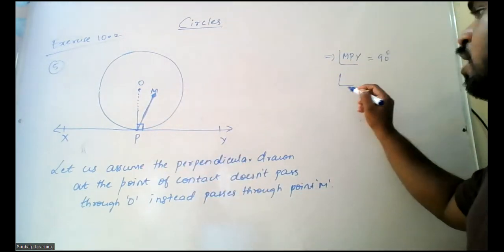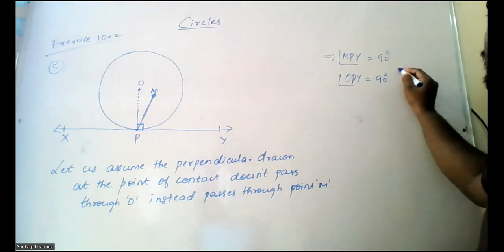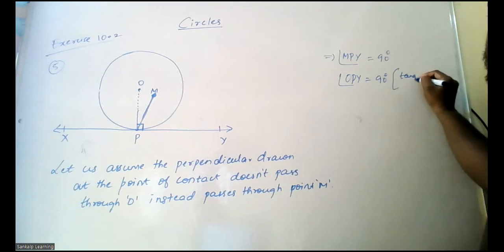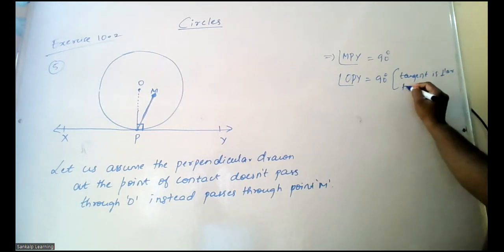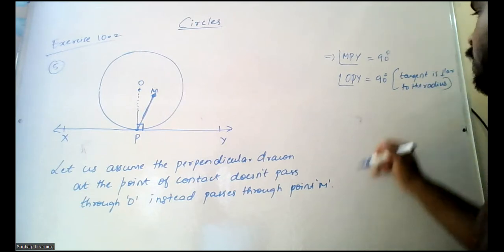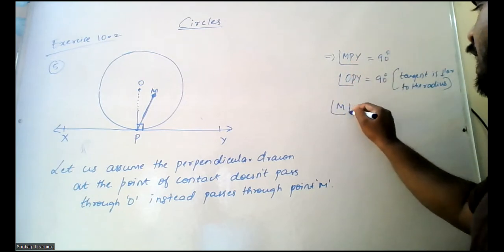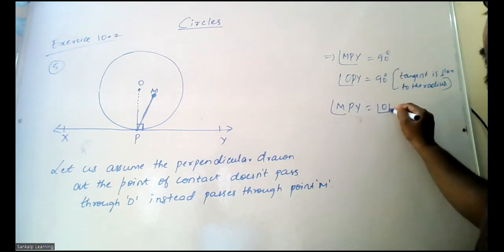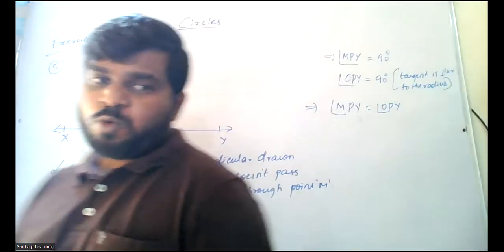Let me also conclude: angle OPY is equal to 90 degrees because the tangent is perpendicular to the radius. We have learned this, so I am using it. Therefore, observe, both are equal to 90 degrees. Therefore, I can tell angle MPY is equal to angle OPY.